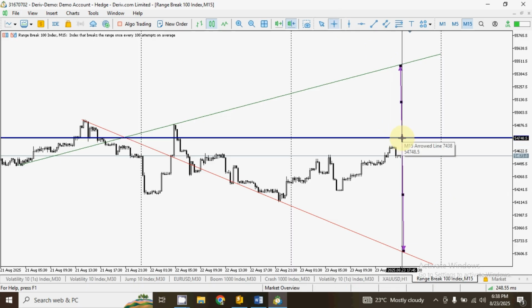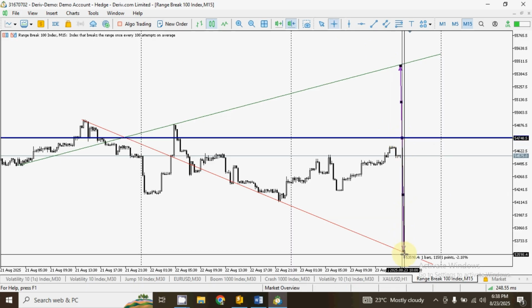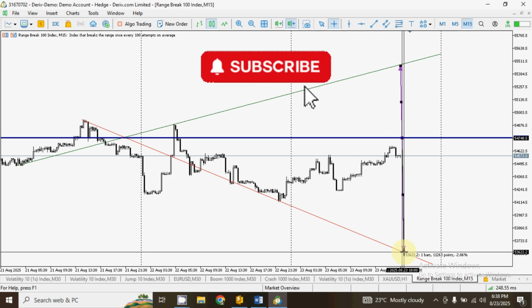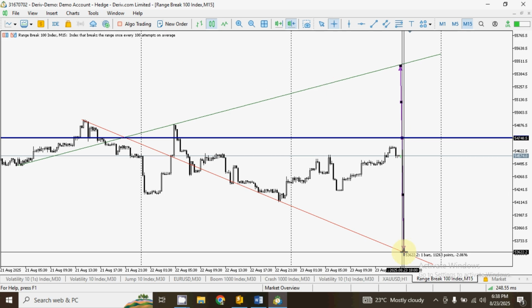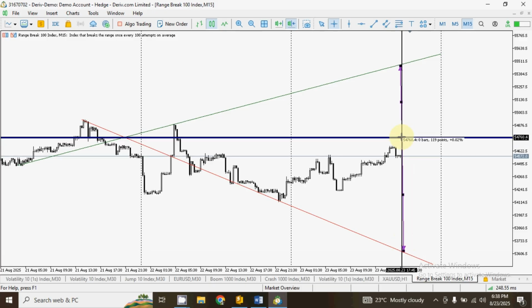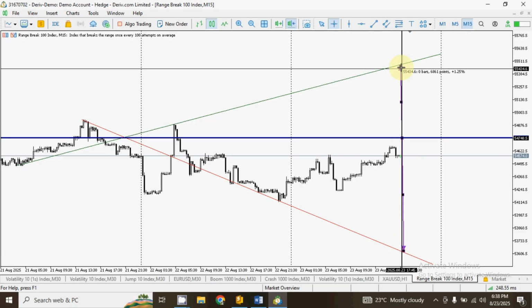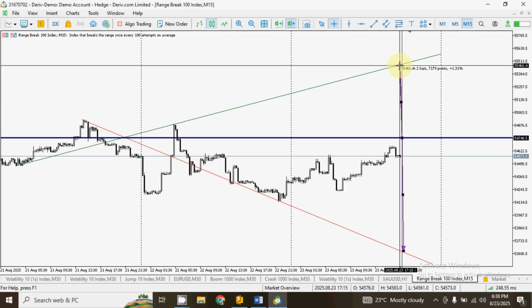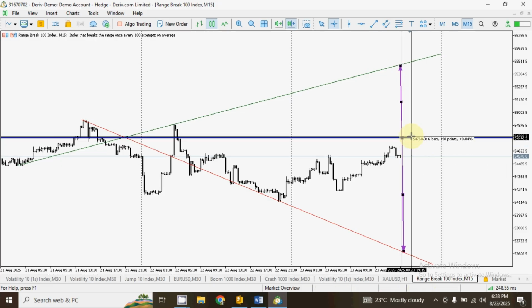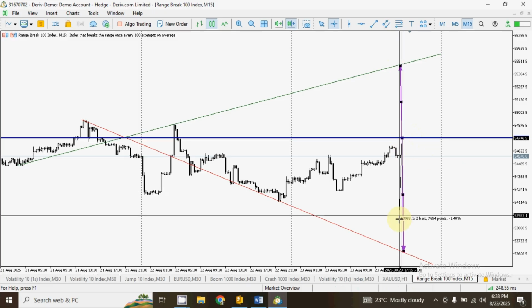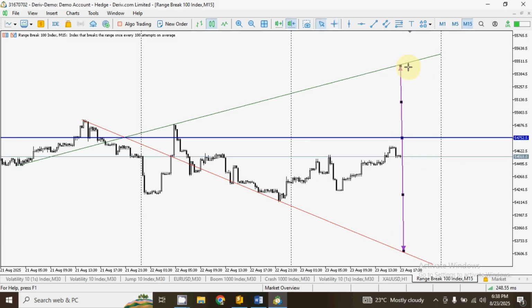For example, from this horizontal line downwards, it has 11,263 points. Then from this horizontal line upwards, you have 7,179, which means we have more points downwards than upwards. That means for this current day, we are looking for a sell.